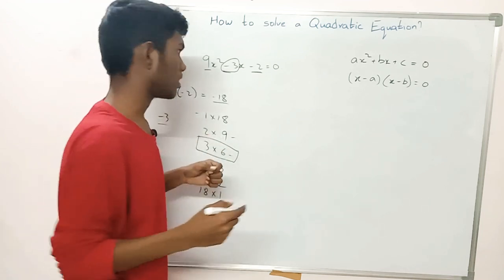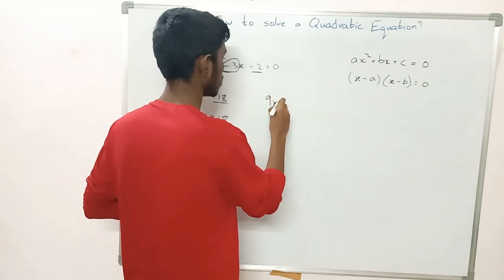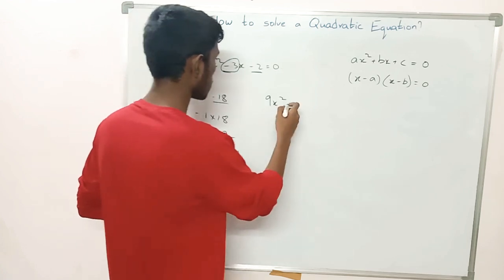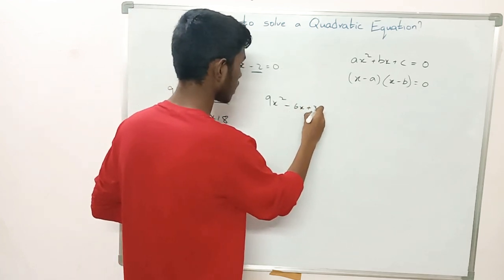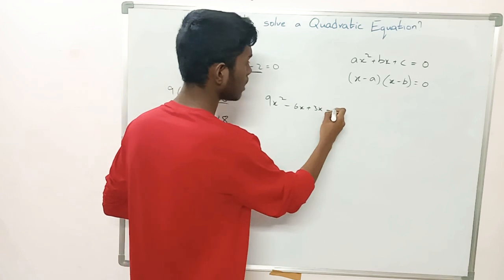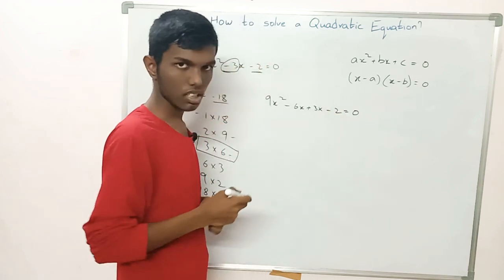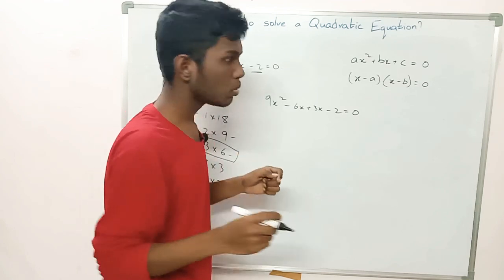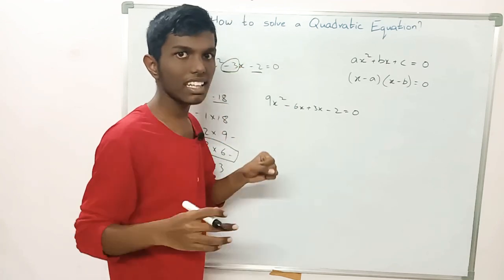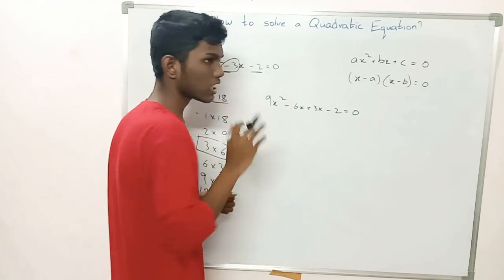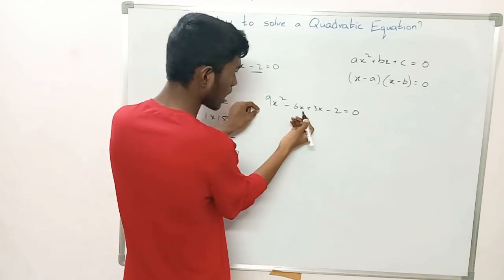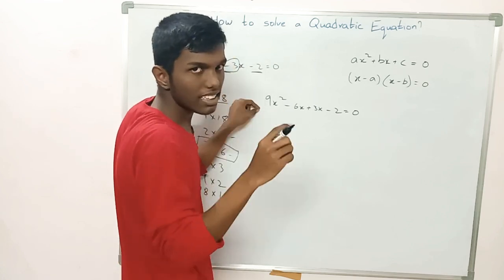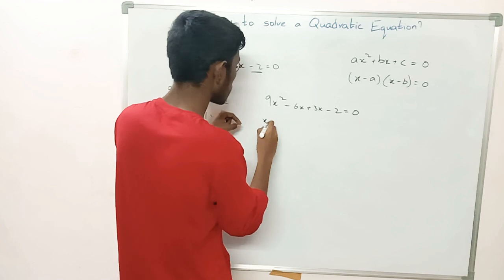Clear? And then just split it down: minus 3x into minus 6x and plus 3x. The remaining is the same, minus 2 is equal to 0. And then what you need to do is take out anything which is common in the given expression. First, we have x here and x square here. X square means x into x, which means we have x common.